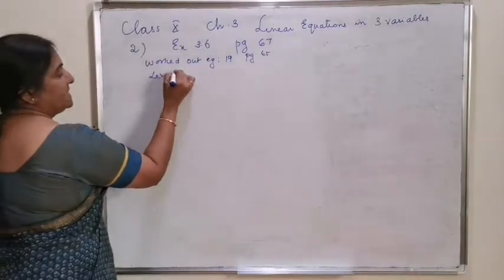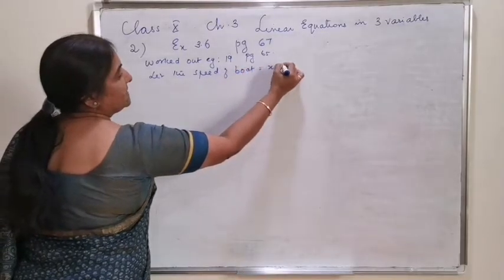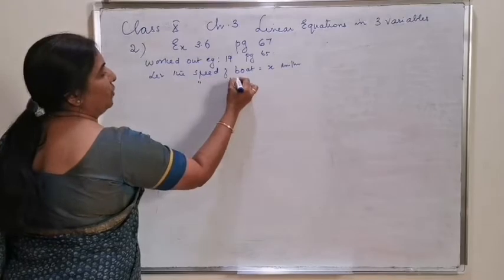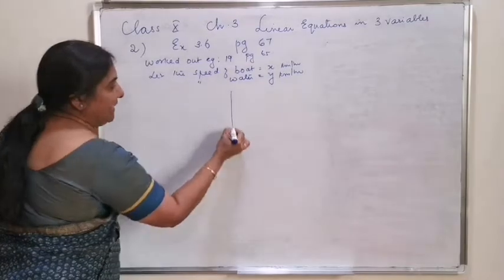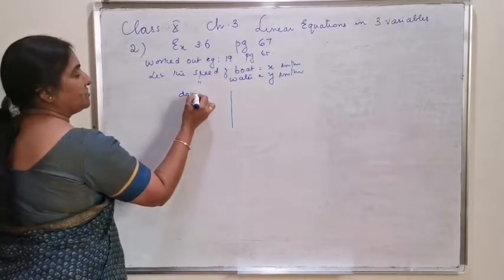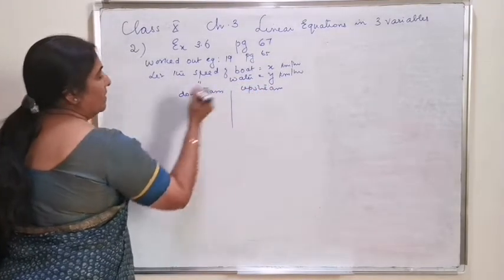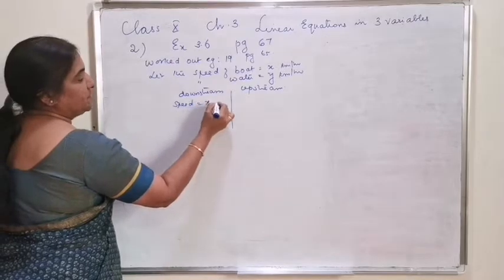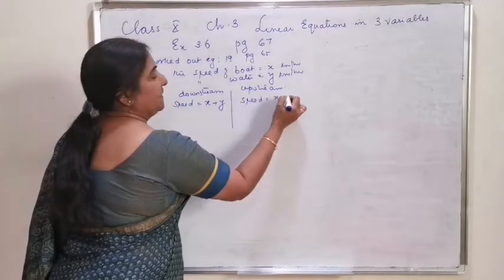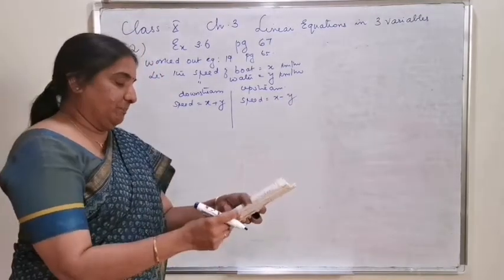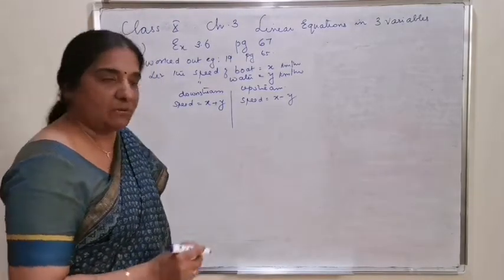The beginning statement is, let the speed of boat be x km per hour and the speed of water be y km per hour. Divide into two parts. You can get it as downstream and upstream. Always the downstream speed is speed of boat plus speed of water, and upstream speed is speed of boat minus speed of water. The first case, 30 km upstream and 44 km downstream.